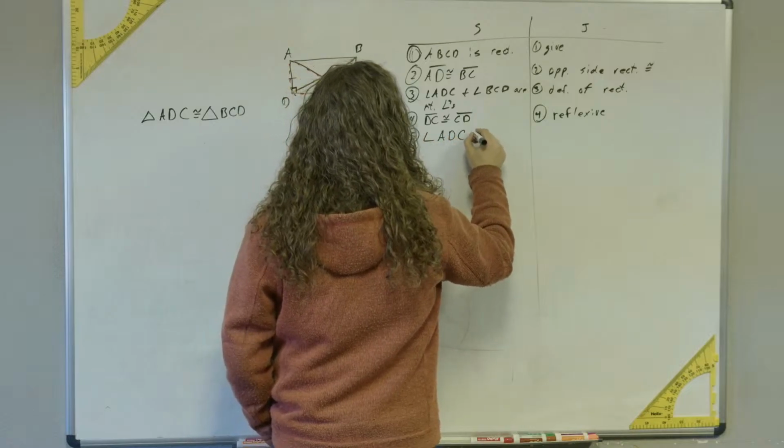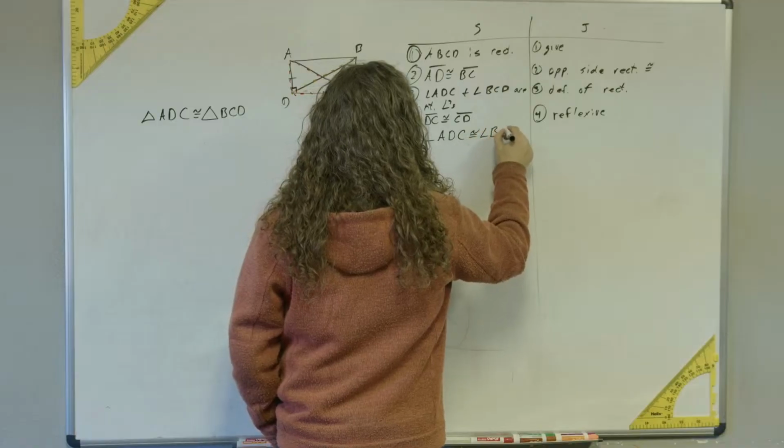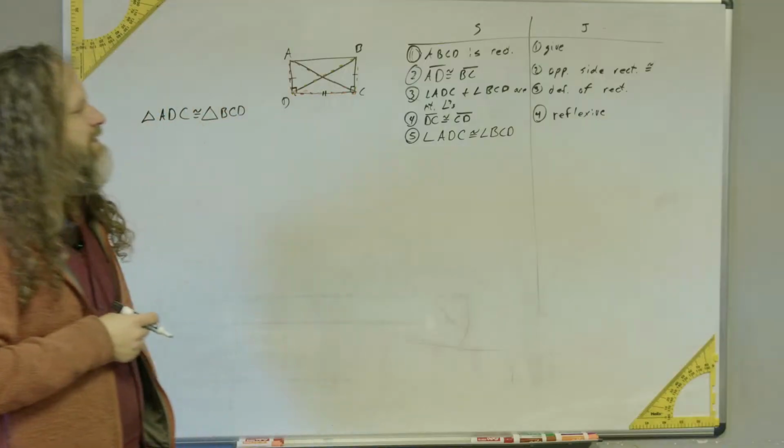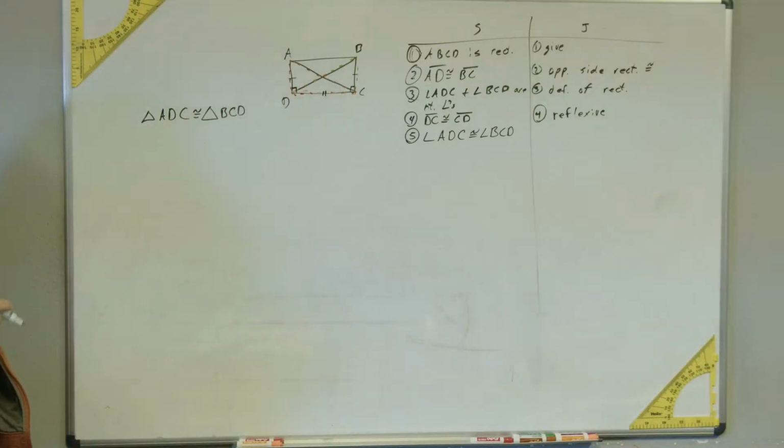Angle ADC is congruent to angle BCD. Well, what lets us do that? We said they're right angles. So now we said they're congruent.